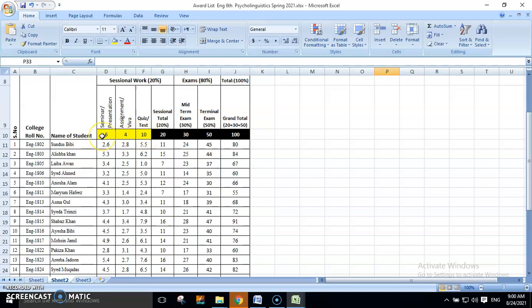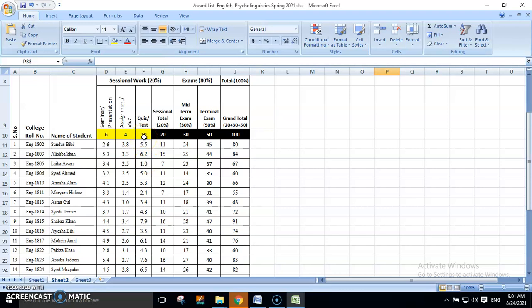This has been kept at the discretion of the teacher. So the teacher can change the weight. Like I prefer giving quizzes to students because they are based on MCQs and according to my perception, they measure real achievement on the part of students. So this weightage is given.